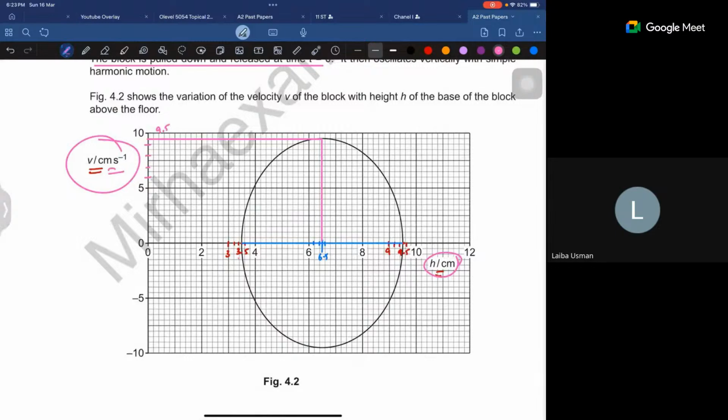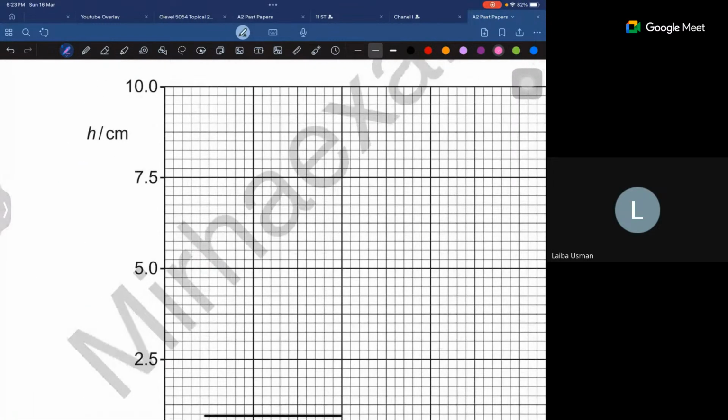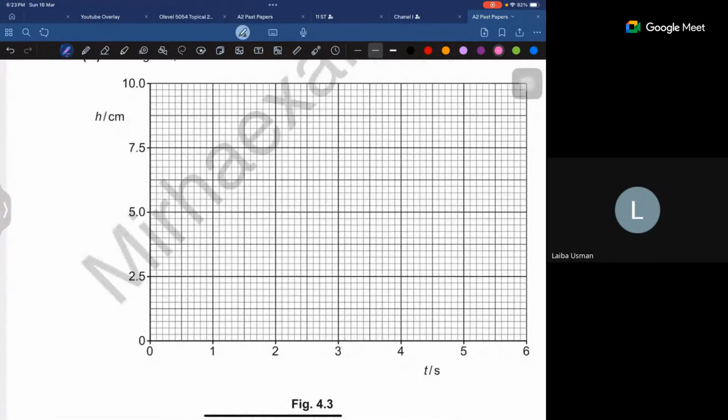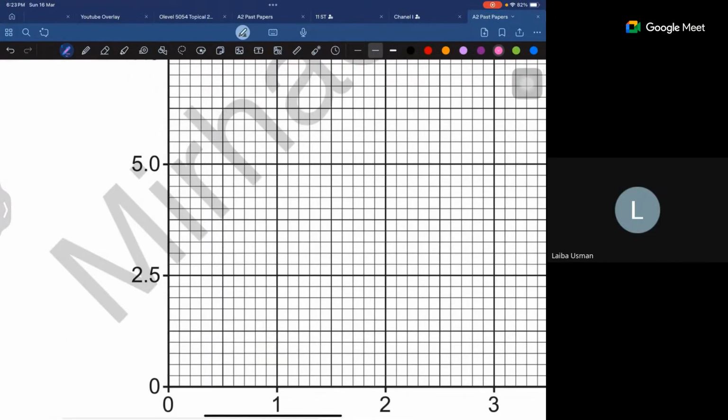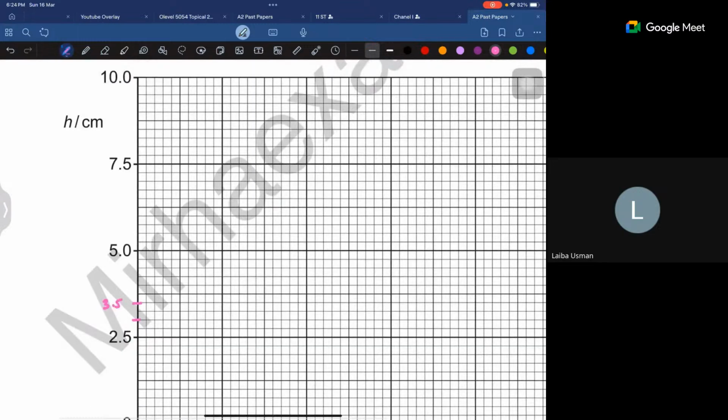So we go from 3.5 to 9.5 and 6.5 in the middle. So minimum has to be 3.5. Let me check if it's correct. Yeah, this is going to be 3.5 and 6.5.